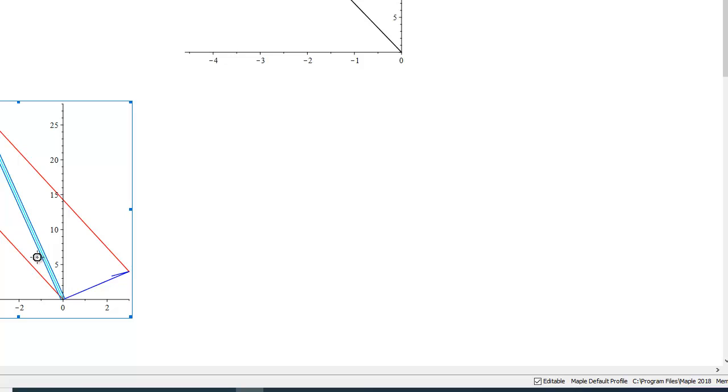Okay, and there you go, that's vector addition.